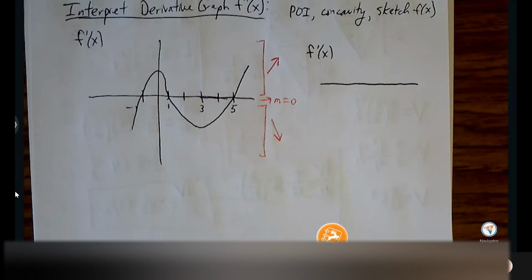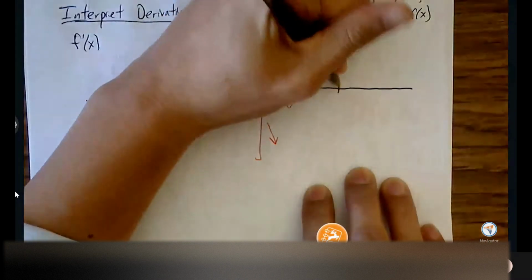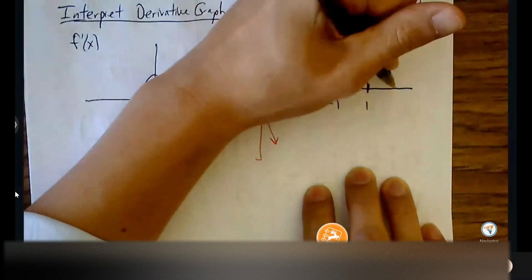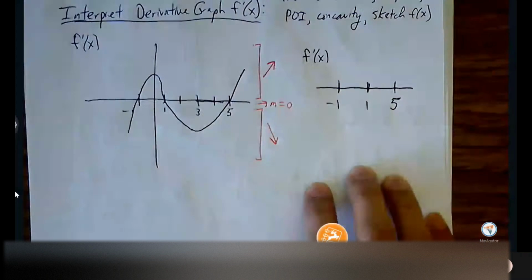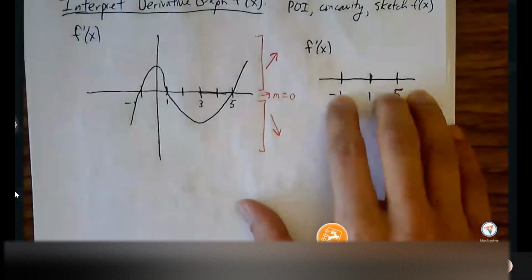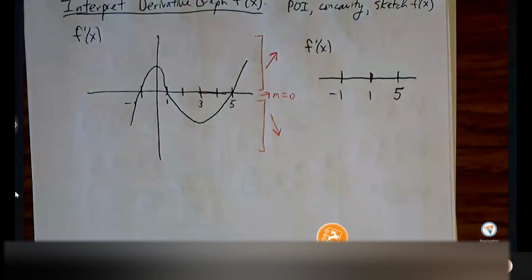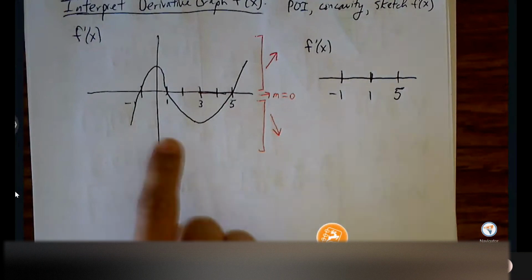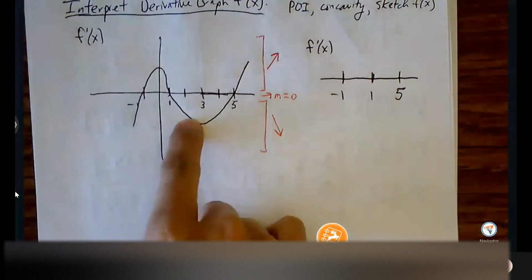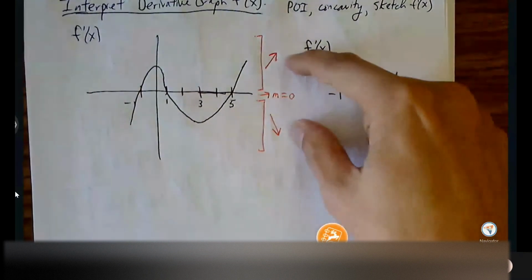So where are my critical points going to be? Good. Where slope is 0 is what I'm targeting right now. From here, we're going to determine whether our graph is part of positive slope or negative slope. But we don't want to look at the slope of the f prime graph. We want to look at the location. So that's where this helps us out.